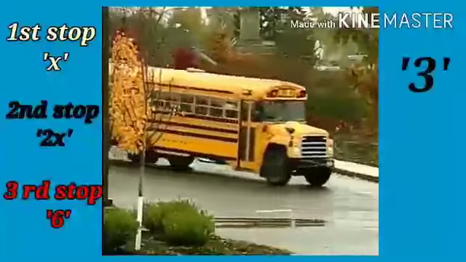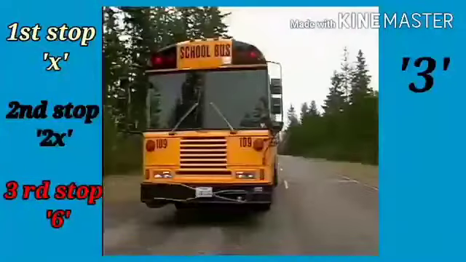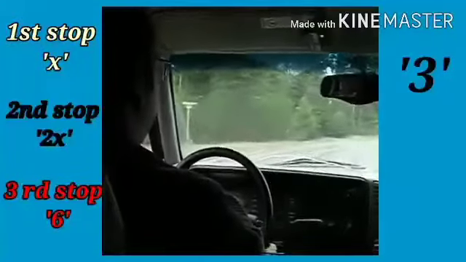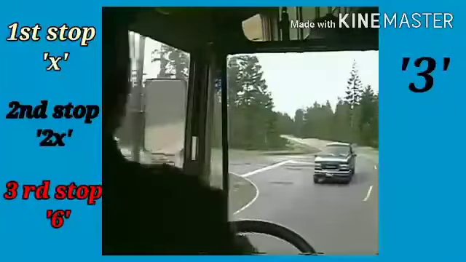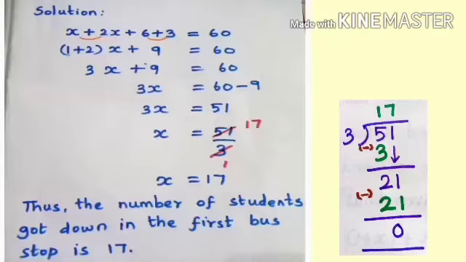Since we don't know the number of students who get down at the first stop, let us take the number as x. The number of students who get down at the second bus stop is 2x. The number of students who get down at the third bus stop is 6, and the number of students remaining in the bus is only 3. Students, now we are going to equate all these numbers of students who got down at each bus stop to the total number of students in the bus.